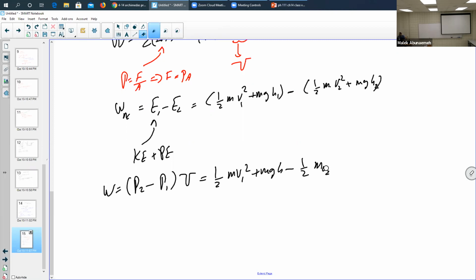Let me just write this down better. Plus mg h1 minus mgh2.